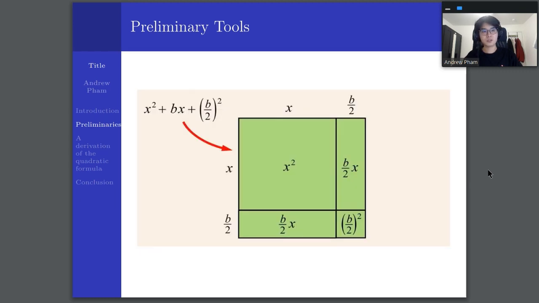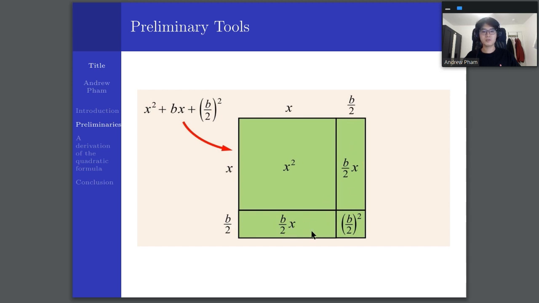The next tool we'll discuss is completing the square. We're going to use the completing the square algorithm to help us derive the formula and isolate x. So what is it actually? Consider the trinomial x squared plus bx plus b over 2 squared, and its geometric representation here. Notice that x squared is given by this x by x square. bx is not listed anywhere, but it's represented strategically as two b over 2 by x rectangles, placed on the sides.